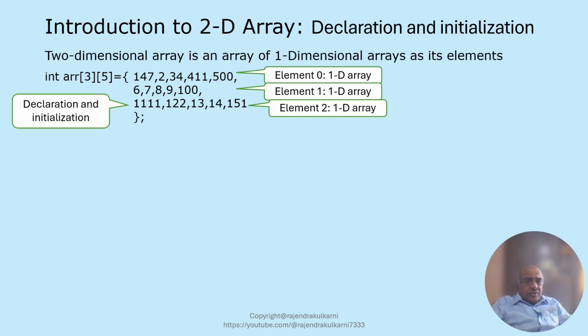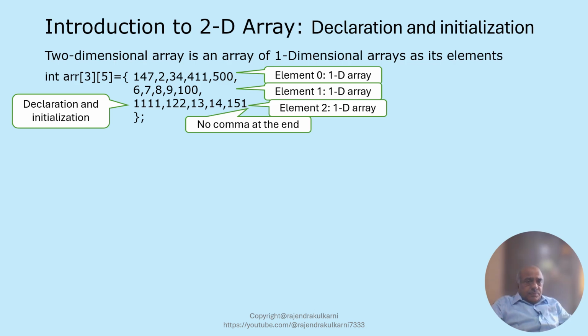And this 5 tells the compiler that each 1D array will be of dimension 5. So we have declared and initialized the array arr with first subscript 3 and second subscript 5 with constants of type int, because this array has been declared as an int array.